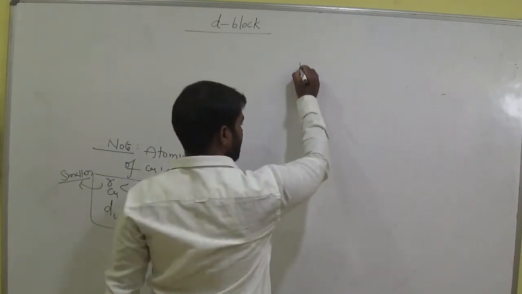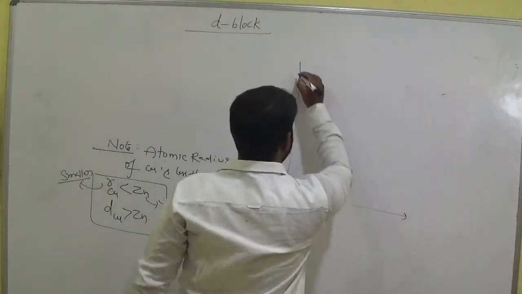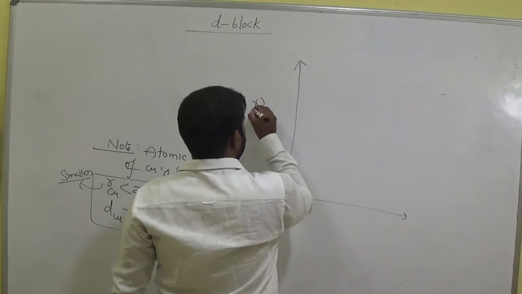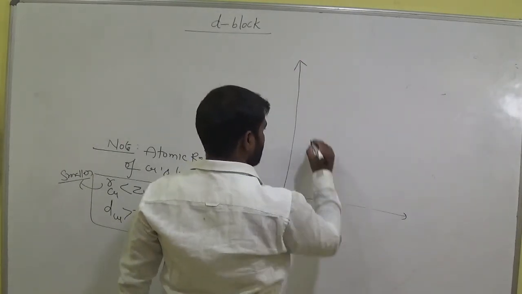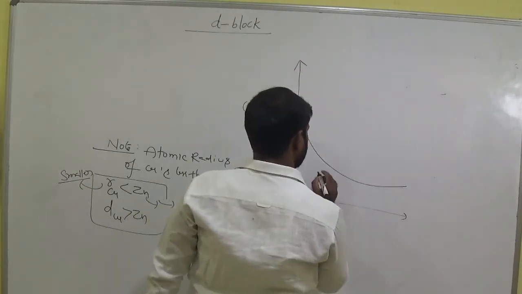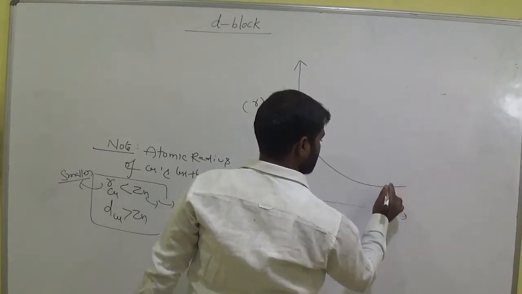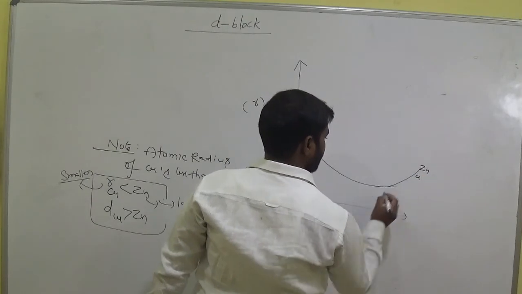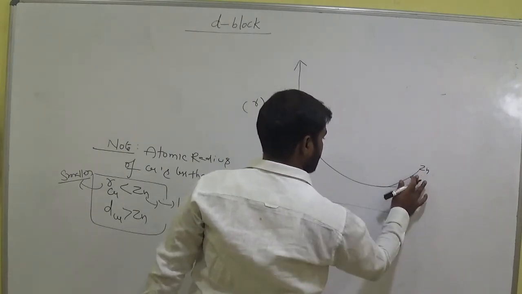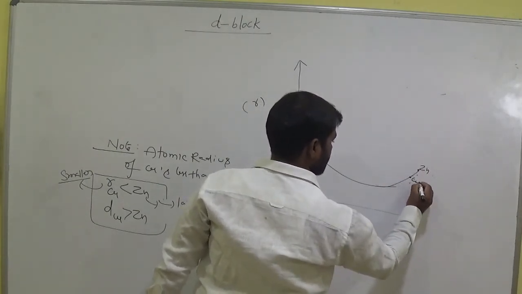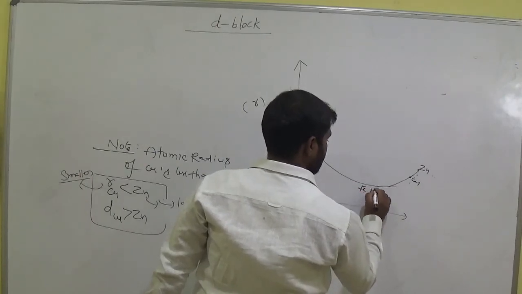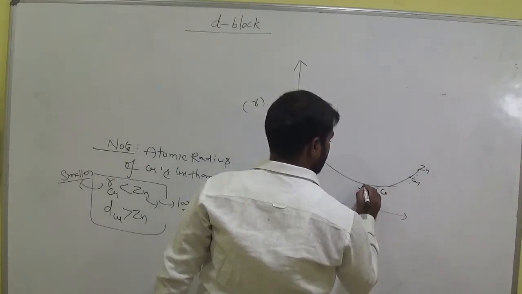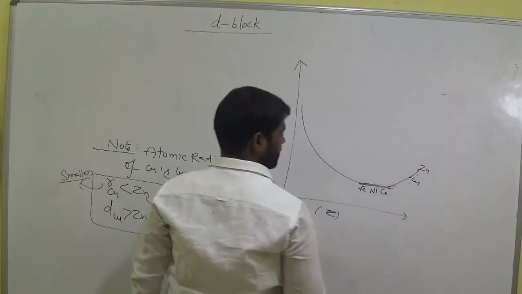So we can represent that in a graph of radius versus atomic number. This is zinc and copper. Iron, nickel, cobalt are almost all constant. Keep it in mind.